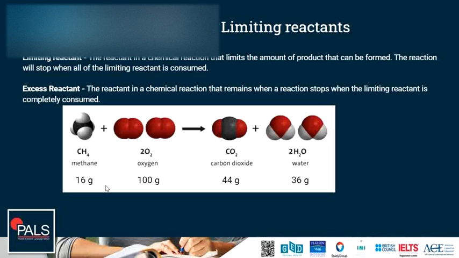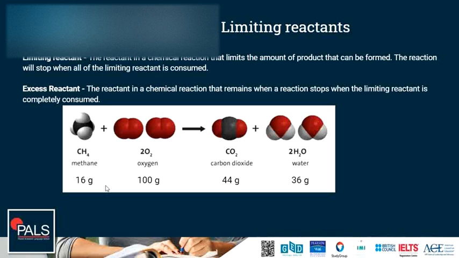So the limiting reactant is the reactant in a chemical reaction that limits the amount of product that can be formed. The reaction will stop when all of the limiting reactant is consumed, whereas the reactant in excess is the reactant in a chemical reaction that remains when a reaction stops, when the limiting reactant is completely consumed.